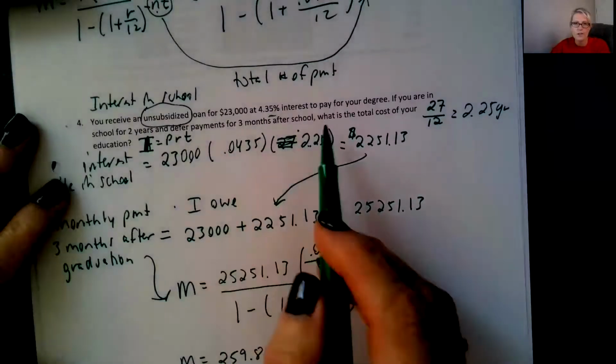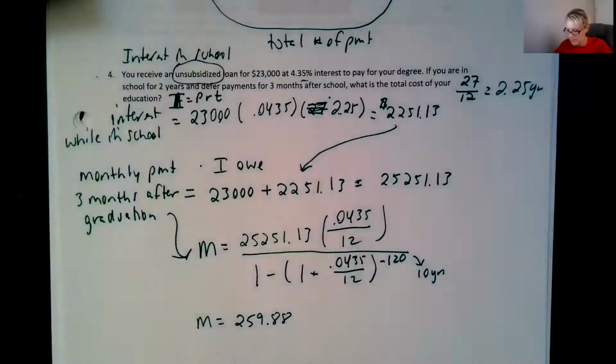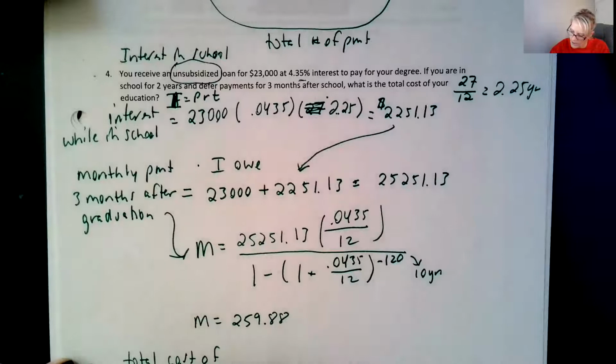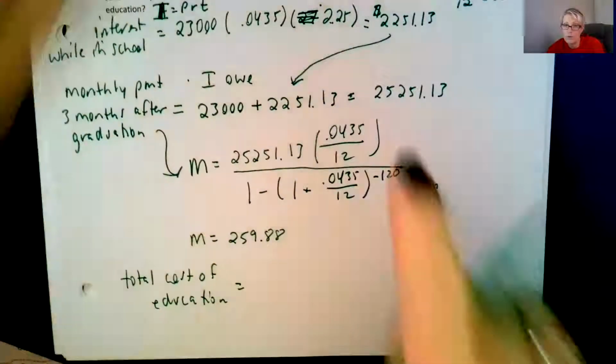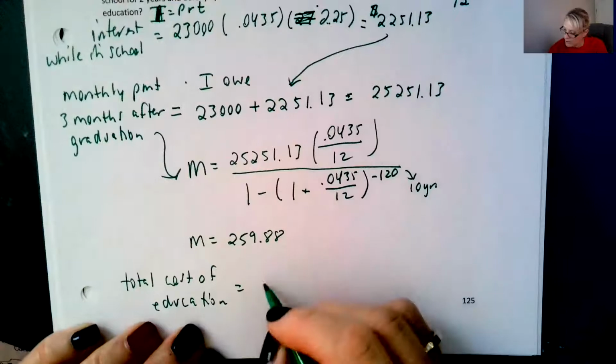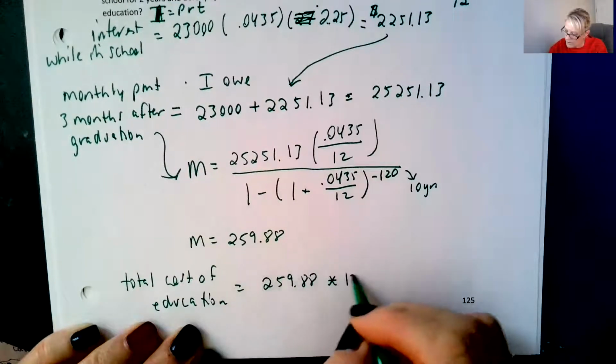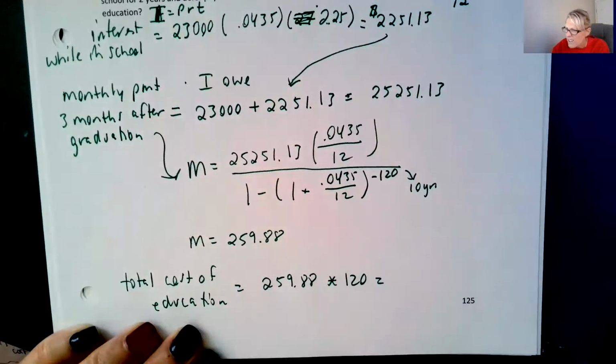They're asking us for the total cost of education. I didn't have any money down as a down payment, but I do have to make this payment. Let's say I make that same payment for my 120 months, my 10 years. So my monthly payment times 120 payments.